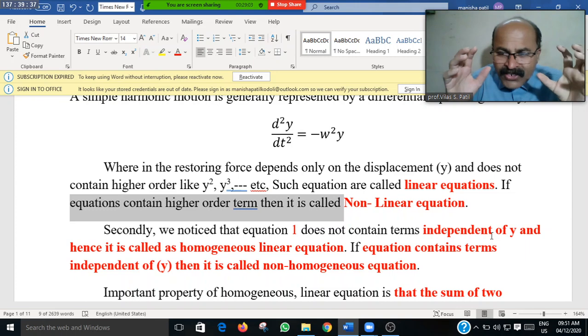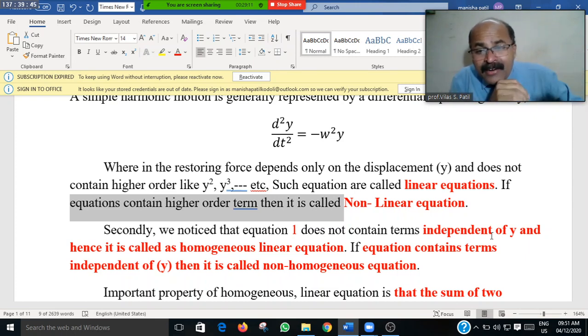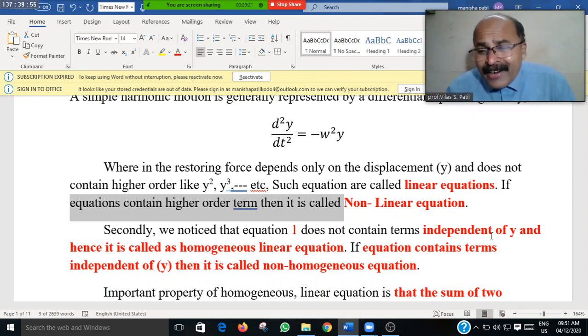Here, please understand the distinction between the linear and non-linear equation. Which is linear? The one which does not contain higher order of displacement. Which is non-linear? The one which contains higher order of the displacement.